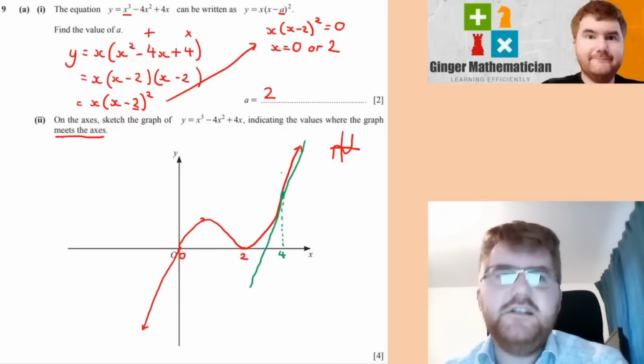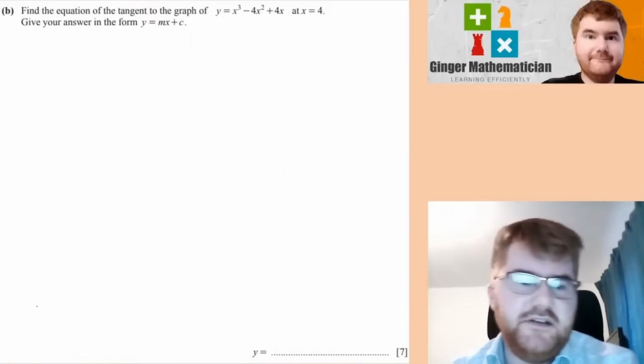So the way we do this is we use some differentiation. This is where it's embedded. So first of all, we need to differentiate the function. So we get dy by dx. So remember, we take the 3, bring it to the front, reduce it by 1. So we get 3x squared. We do the same procedure here. I'm speeding up slightly now. So minus 4 times 2 is equal to minus 8.